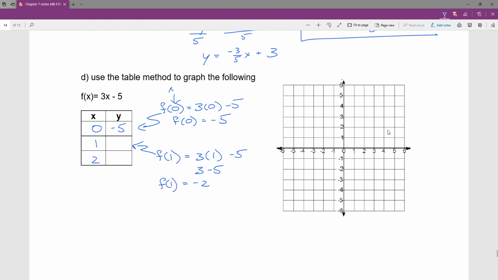When x is 1, y is negative 2. And the last one, figuring out the value of the function when x is 2, or evaluating the function at f of 2. I sub a 2 in where I see an x, and f at 2 is 1.